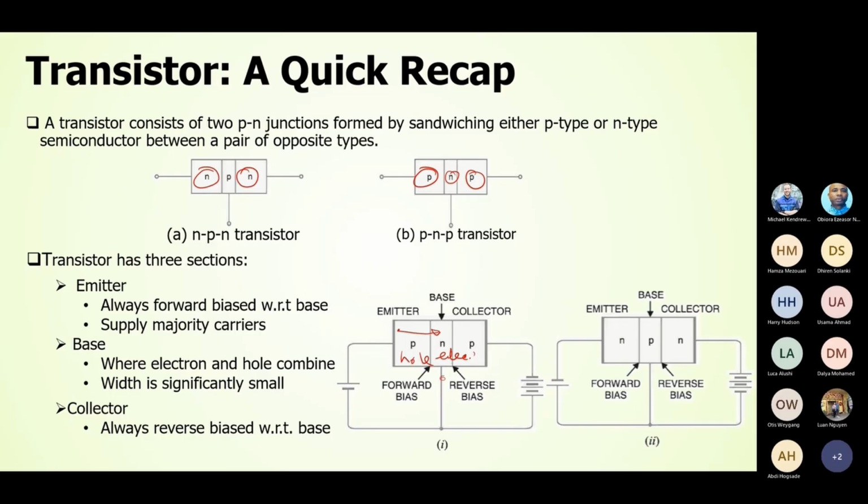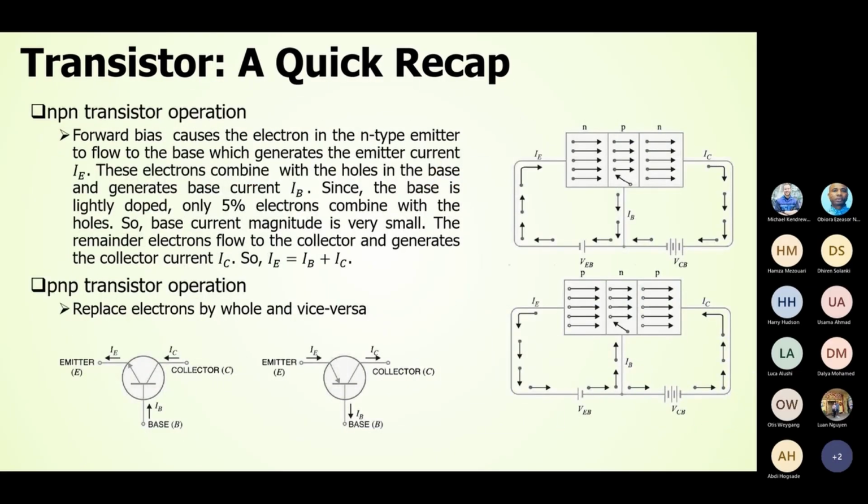That will give rise to the collector current. Okay. So here the operation is clearly explained, and what you need to know is this equation. It's IE equal IB plus IC. Okay. So emitter current equal base current plus collector current.